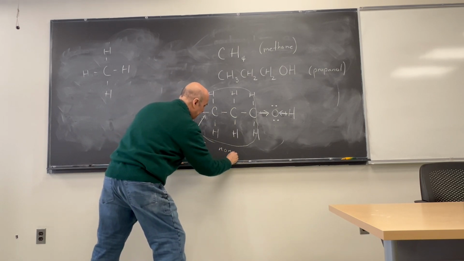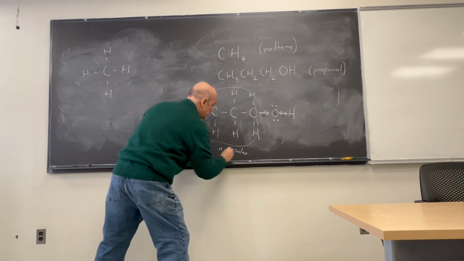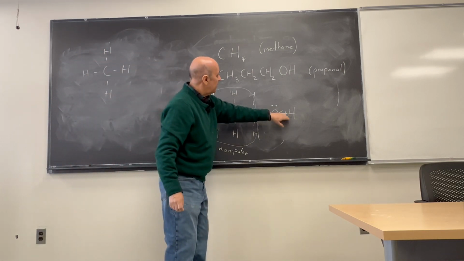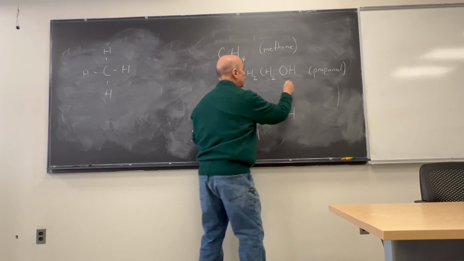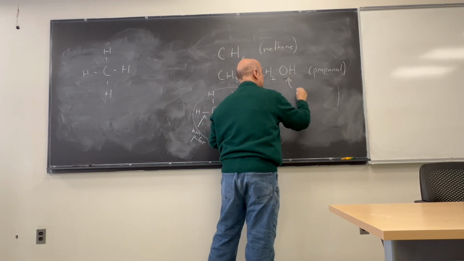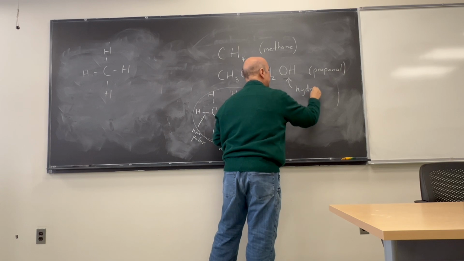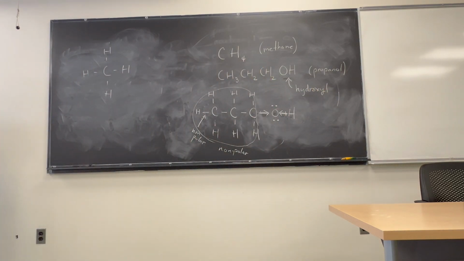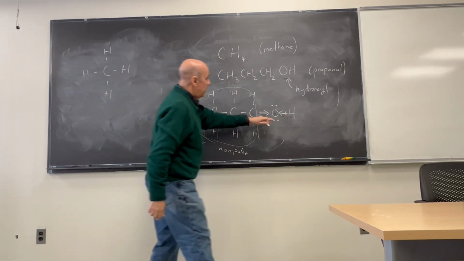But we're not done because this molecule has more going on. It has this oxygen and this hydrogen, this OH group. It actually has a name. It's called a hydroxyl group. We're going to review some of them very shortly. So there's more going on here.